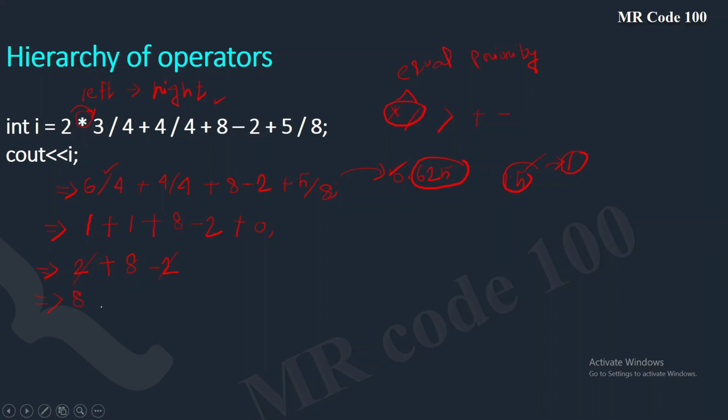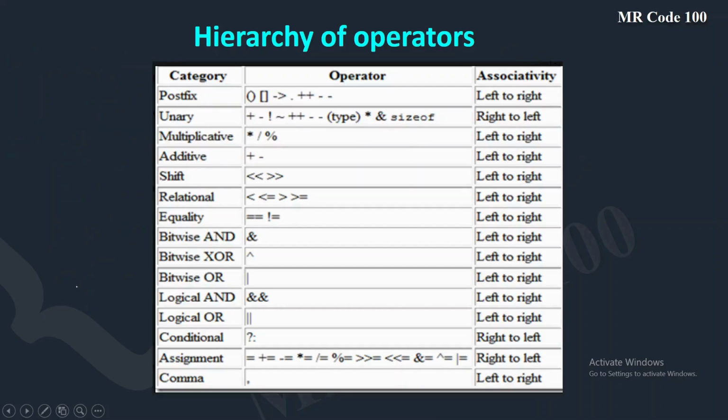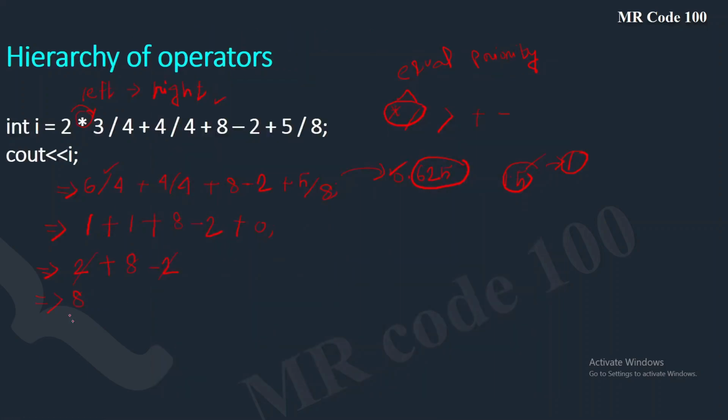So I hope you understood that the answer will come with 8. This is our answer here, 8. As we are printing with cout, the output should be 8.